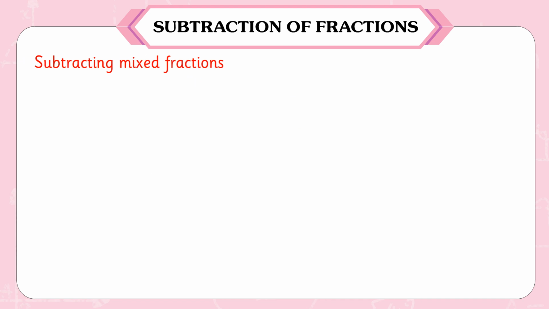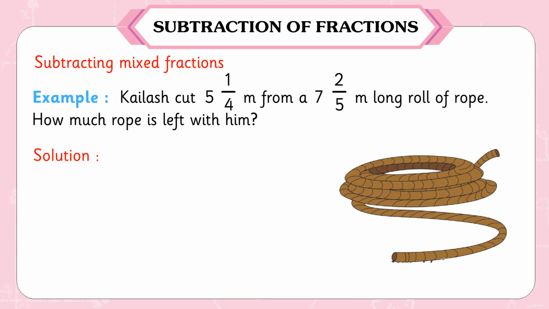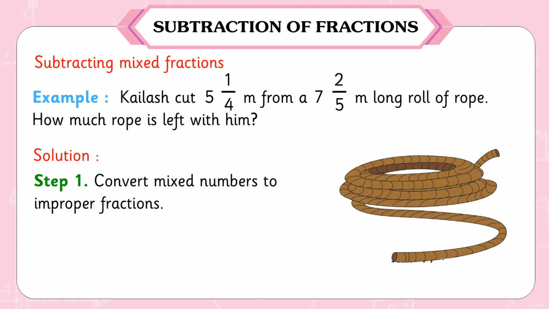Subtracting mixed fractions. Example. Kailash cut 5 whole 1 by 4 meters from a 7 whole 2 by 5 meters long roll of rope. How much rope is left with him? Solution. Step 1. Convert mixed numbers to improper fractions. 5 whole 1 by 4 is equal to 21 by 4. 7 whole 2 by 5 is equal to 37 by 5.